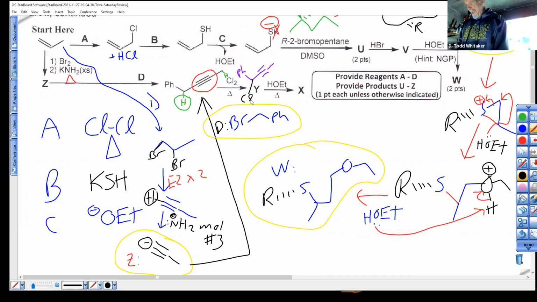And there's your Y. And then that is a molecule that could generate a carbocation par excellence, as they say, with excellence. Secondary benzylic, and it looks very much allylic too.